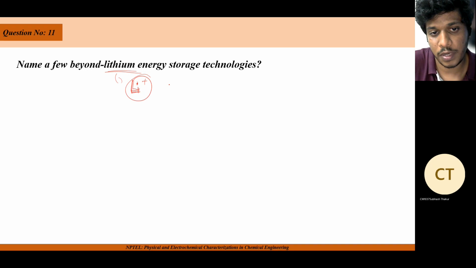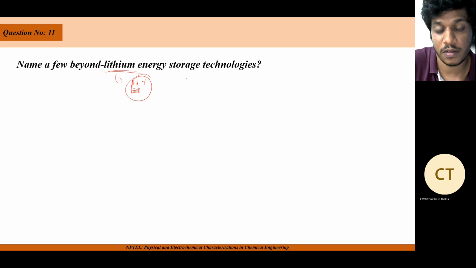But due to many geopolitical factors, the availability problem of lithium, and because mining of lithium is very polluting, there are many factors forcing the market to go for technologies that are beyond lithium.